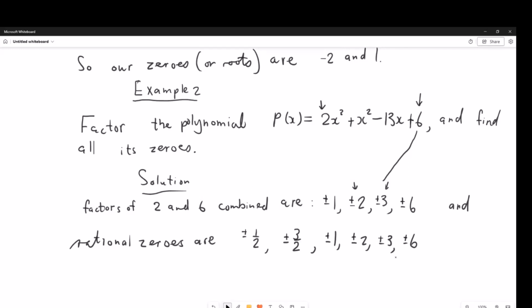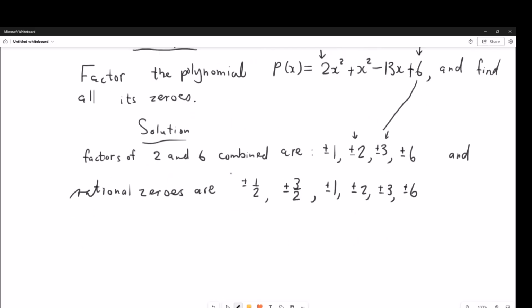So we have to check now all these possible zeros, whether they are actually zeros. So we need to evaluate P at each one of them, okay? So every time you'll put in plus or minus half into P of X, plus or minus 3 over 2 into P of X, plus or minus 1, plus or minus 2, plus or minus 3, plus or minus 6, and see which ones will give you a 0, okay? All right, for example, let's check if 1 is a 0, okay?